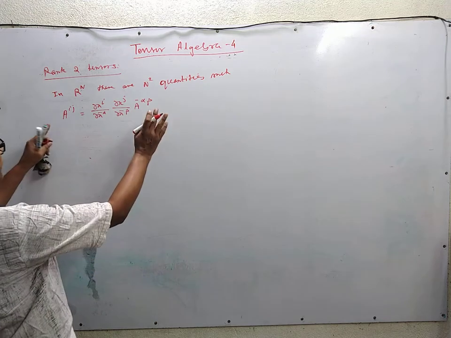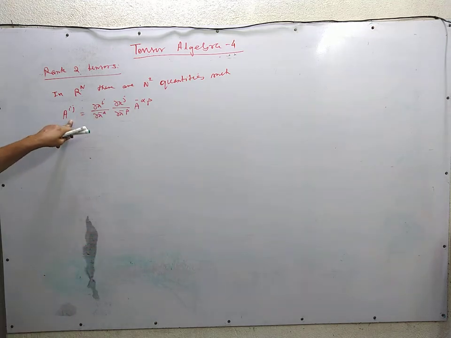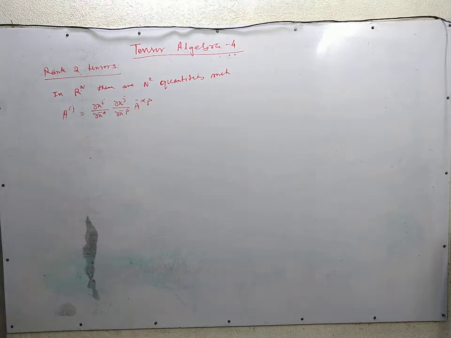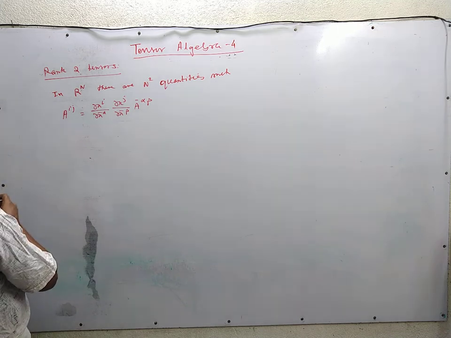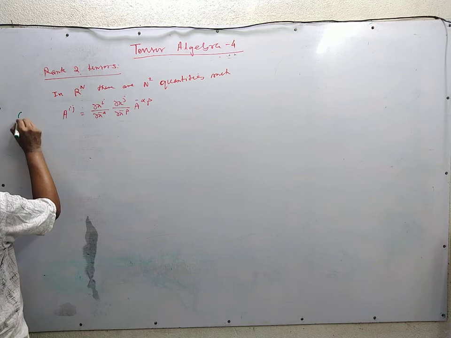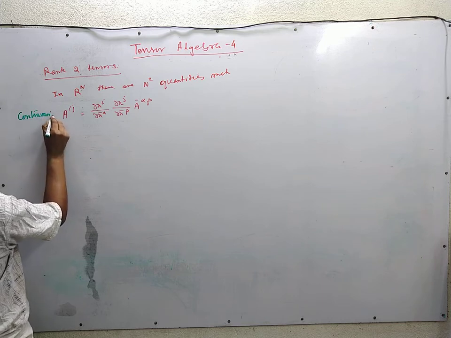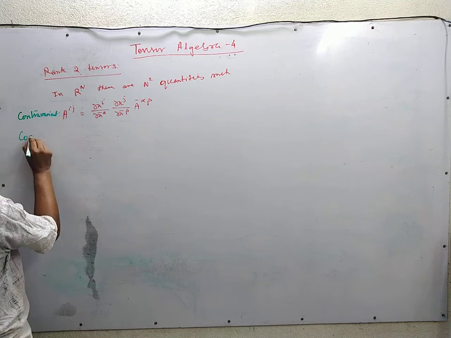If their transformation relation between two, there are n square quantities Aij, and there are also n square quantities a bar alpha beta. If they are related to one another by this transformation relation, this is the contravariant tensor.